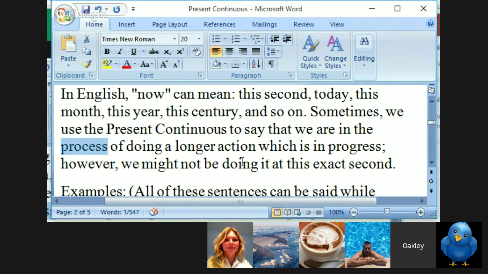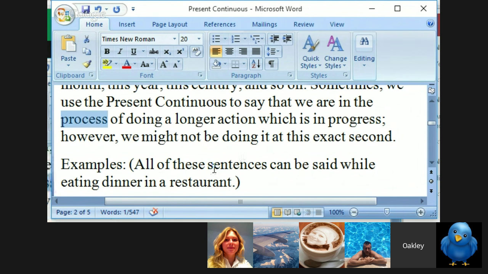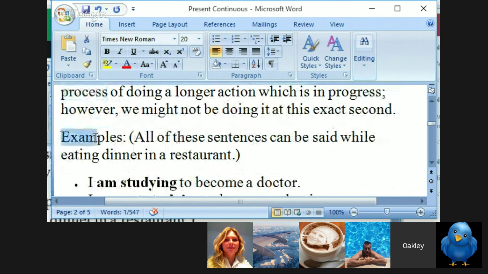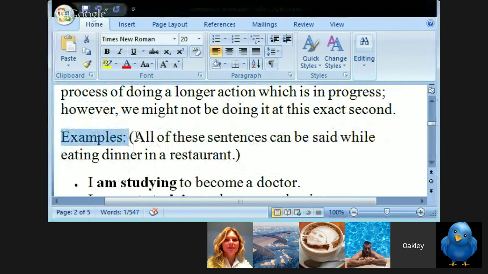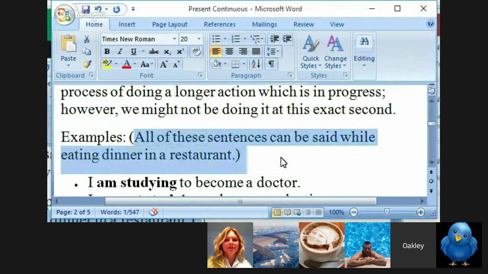And so you're doing it now. You're somewhere in the middle of this process. As we look at these examples, keep in mind that all of these sentences could be said while you're eating dinner in a restaurant with someone. So you're talking to them and you're eating your food.